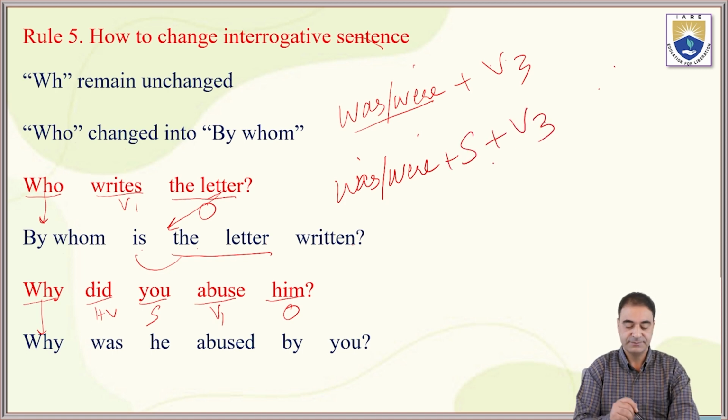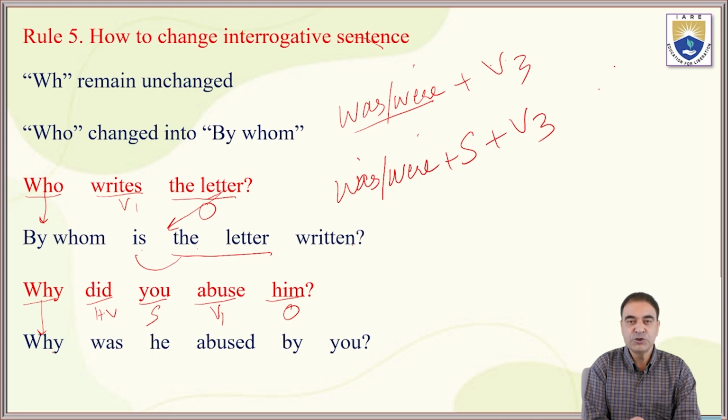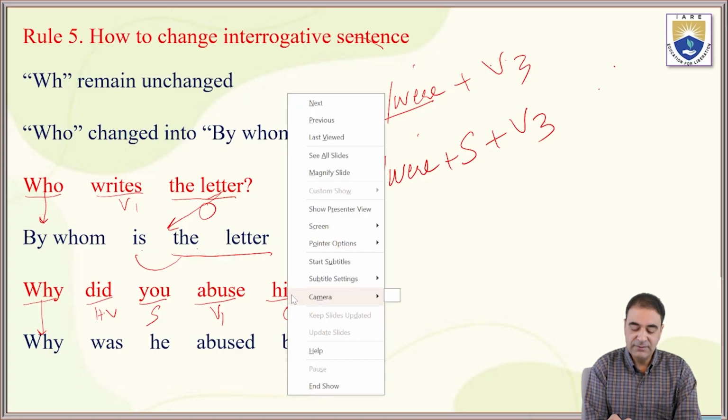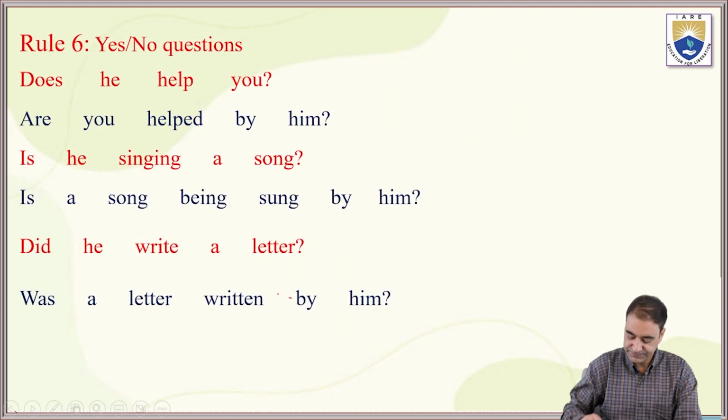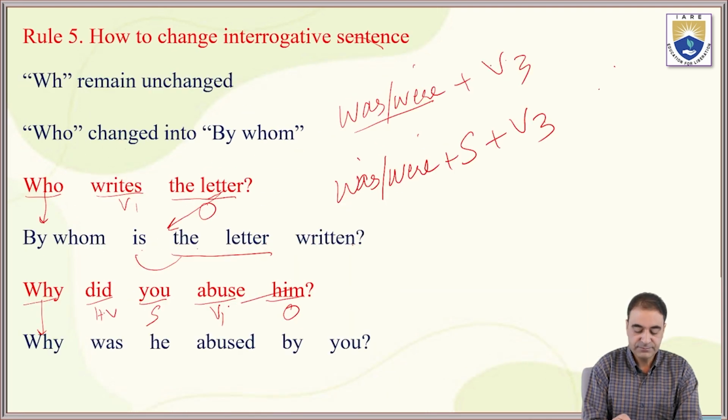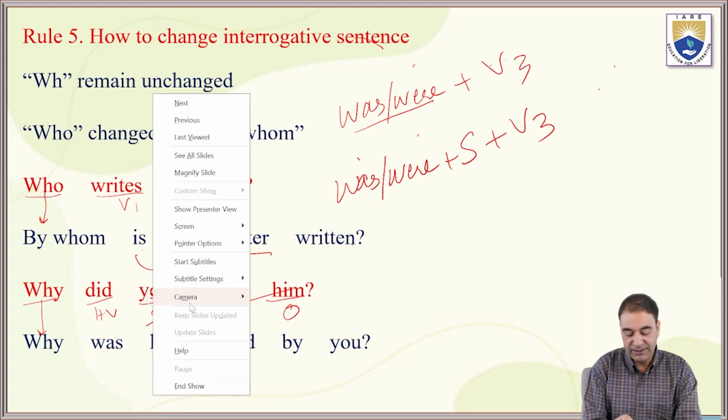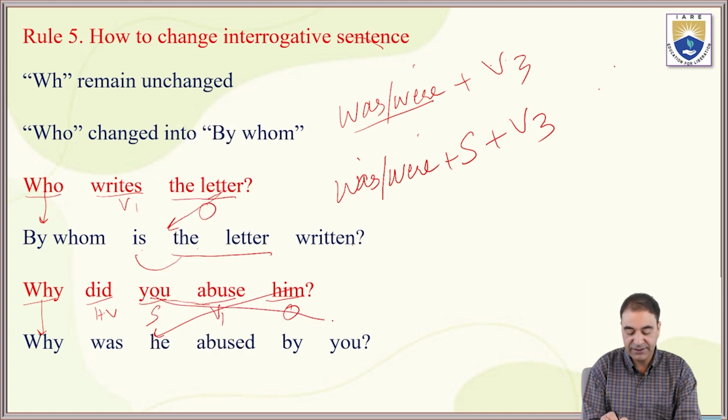Now look at this. WH, why? It will remain same. Him, it will come at the position of subject. You, it will come at the position of object, like here. Now see, why? Okay. Now, how we change simple past tense?